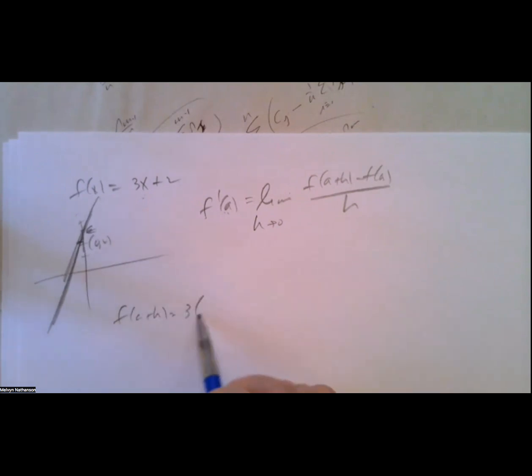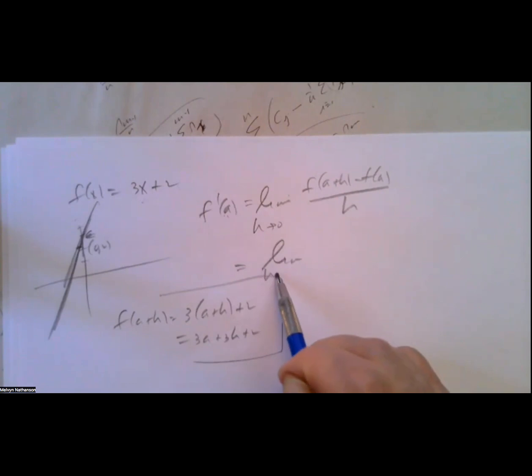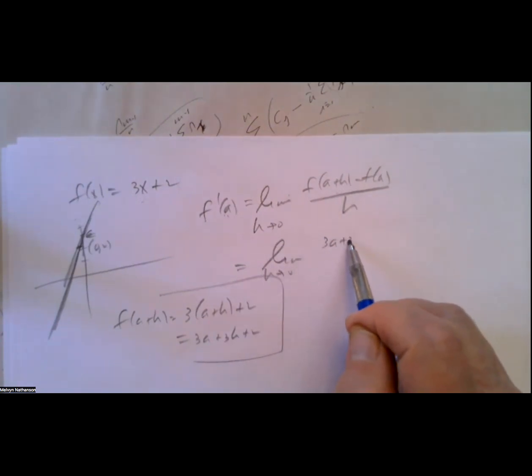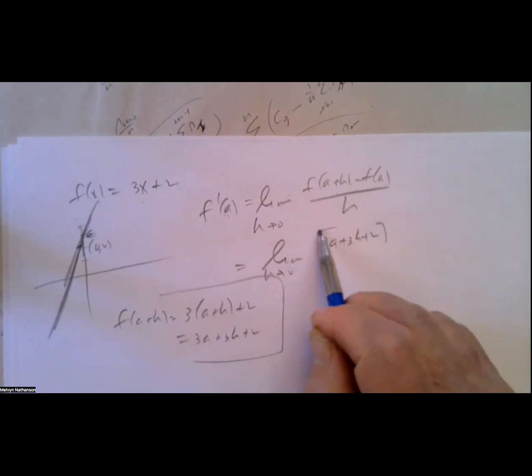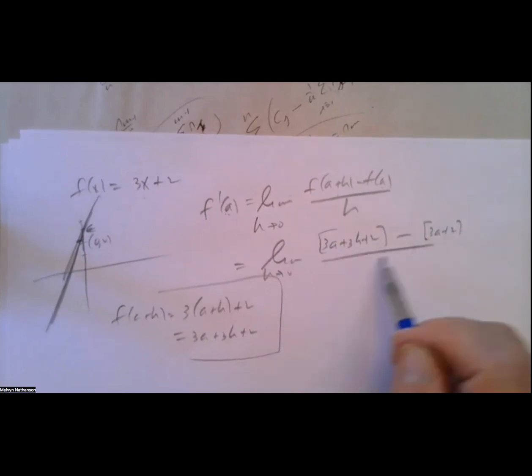It's 3 times a plus h plus 2, or 3a plus 3h plus 2. So this is equal to the limit as h goes to 0 of 3a plus 3h plus 2, minus f of a, which is 3a plus 2, over h.